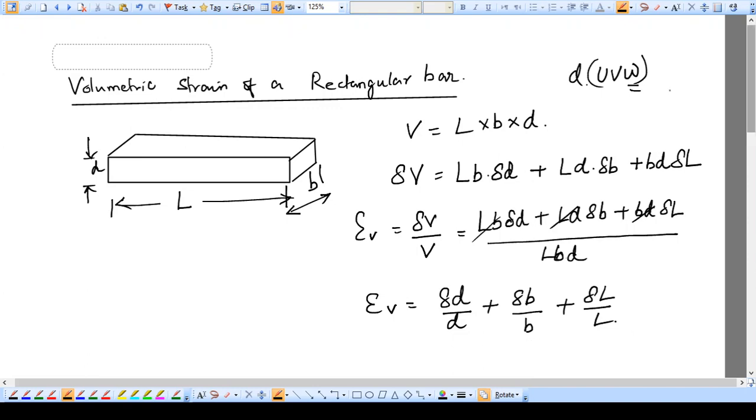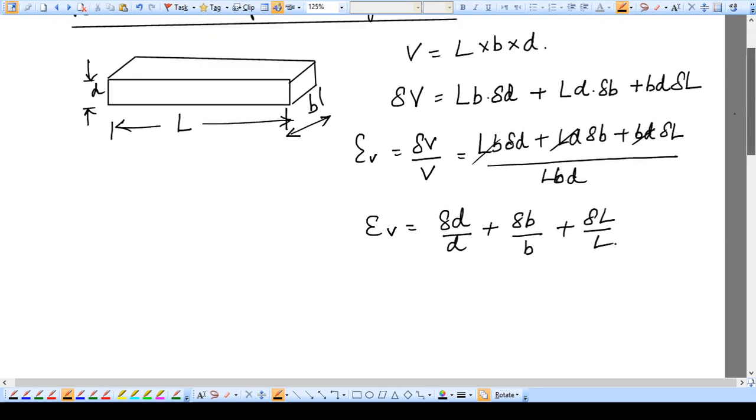When you notice this equation, we can say that these three terms are the strains in three directions.